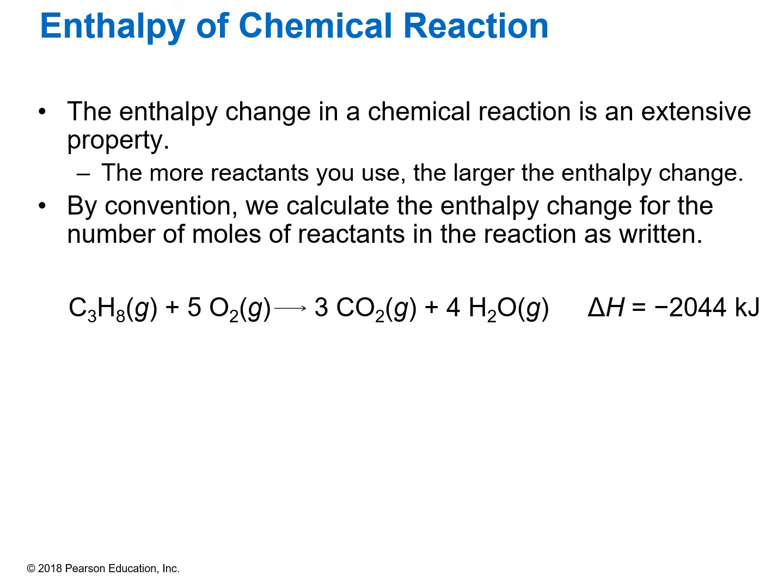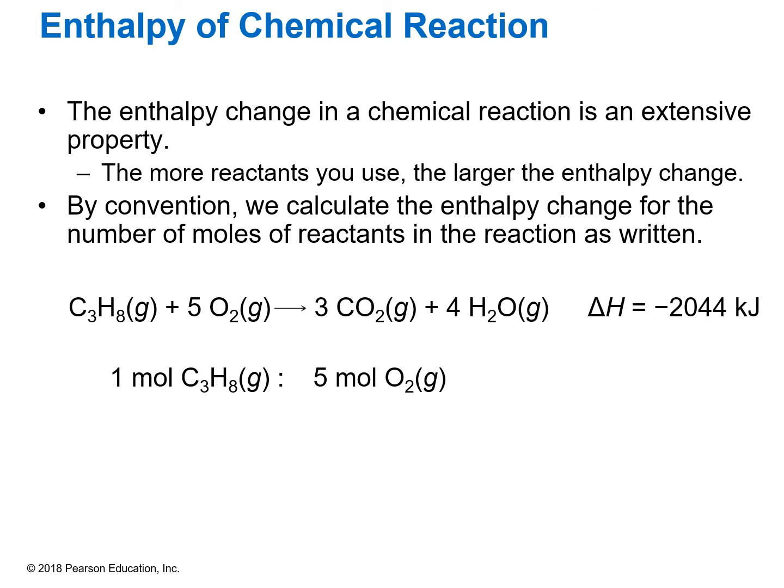Stoichiometry is the math that allows us to look at an equation like this and find a relationship between any one of the reactants and anything else in the equation, or any one of the products and anything else in the equation. So for example, we know that 1 mole of propane will require 5 moles of oxygen gas in order to drive this reaction forward.